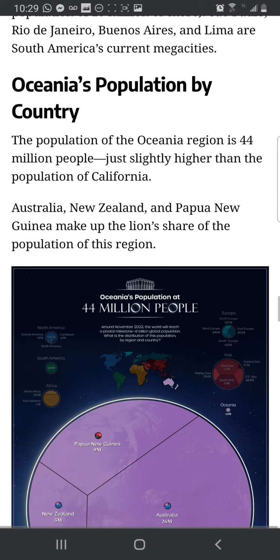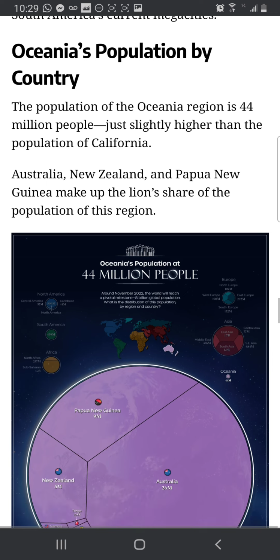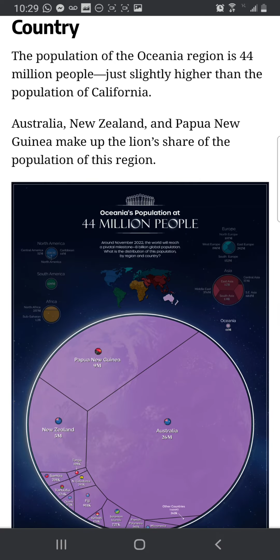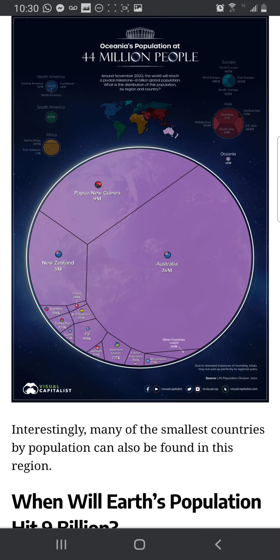Oceania's population by country. The population of Oceania regions is 44 million people, just slightly higher than the population of California. Australia, New Zealand, and Papua New Guinea make up the lion's share of the population for this region. Let's zoom in.